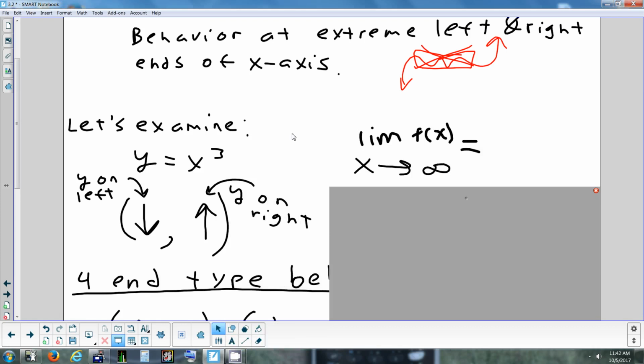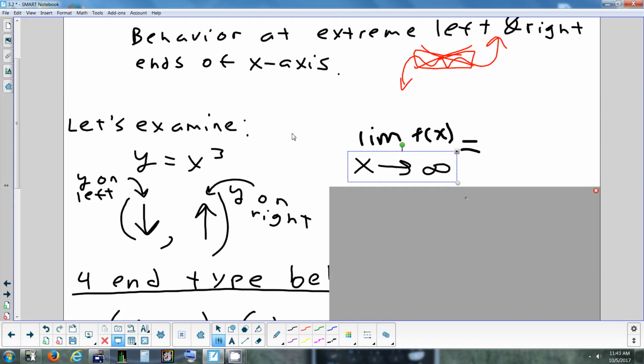All right, so the other way is like this. And what this says, if I read it exactly the way it's written, and then I'll simplify it, it says the limit of f of x as x approaches infinity. What does that really mean? Well, f of x really stands for what letter? Y. This basically says what's happening to y as x heads right.